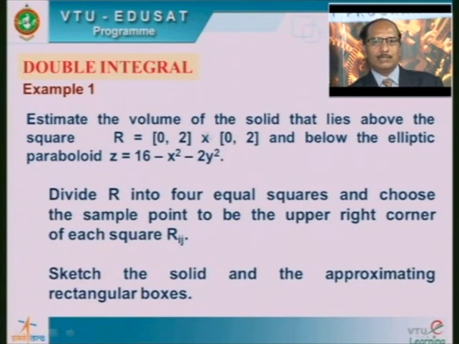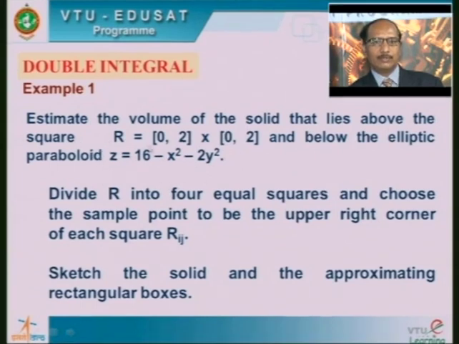Estimate the volume of a solid that lies above the square region R, 0 to 2 and 0 to 2, and below the elliptic paraboloid z equal to 16 minus x squared minus 2y squared. You have to imagine the surface; its name is elliptic paraboloid.